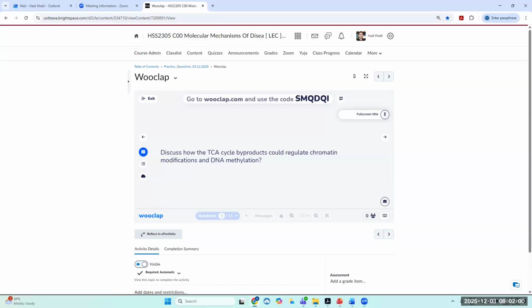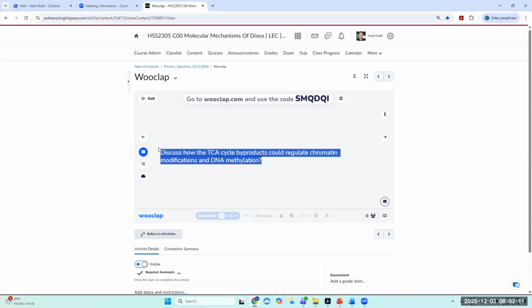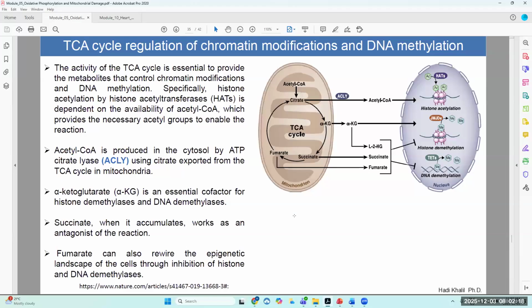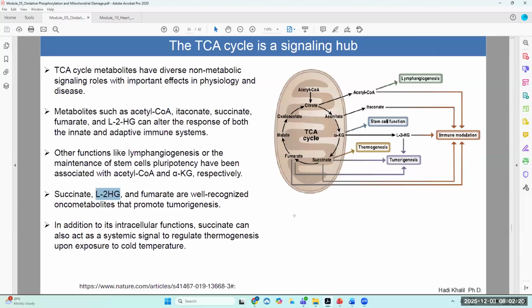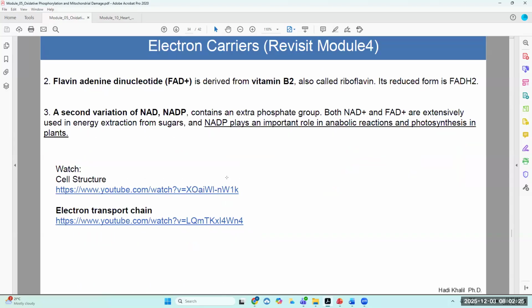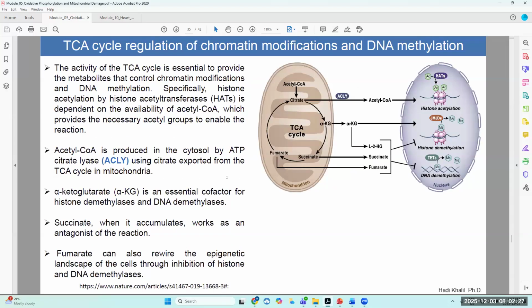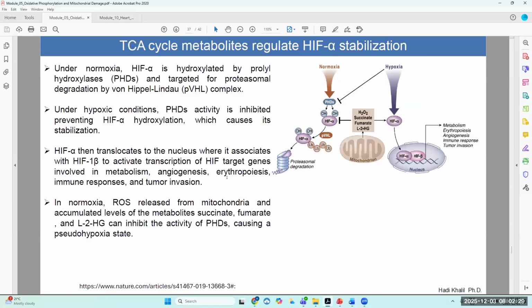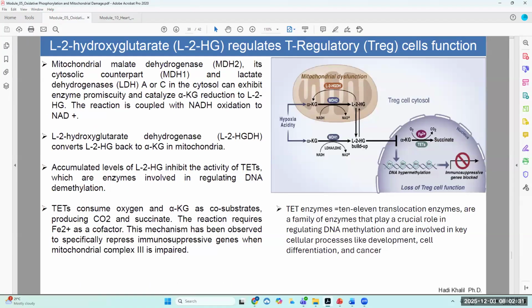So the way you study, if you want to get A plus plus plus, you should study this way. When you study this slide here, you should retain that the TCA cycle is a signaling hub. So this is one slide, and then this is another slide, and then another.